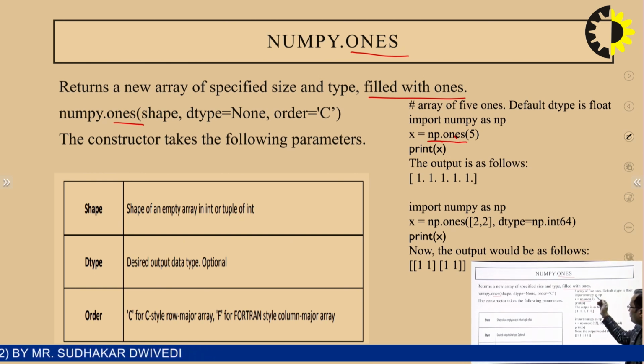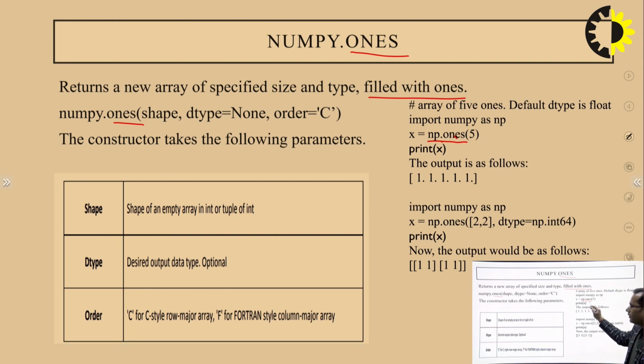So first we have to import NumPy as np. Then we have called the np.ones function here, and we have passed the number 5. That means it will create a NumPy array filled with five ones: 1, 2, 3, 4, 5. And we can see here the default data type is float, 1. 1.